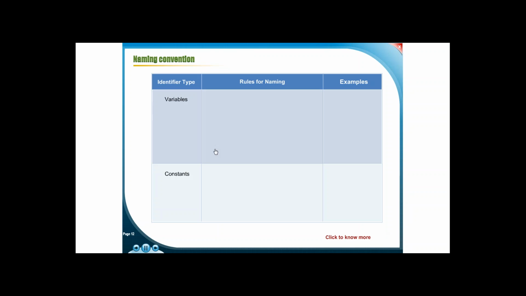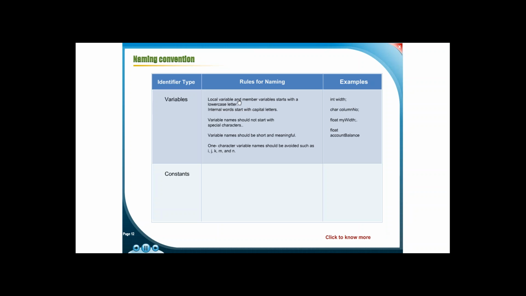And variables. The local variable and member variable start with a lowercase letter, and internal words should have capital letters. A variable name should not start with special characters. It should be short and meaningful. One character variable names should be avoided, such as int i, int j, int k, which we generally write.